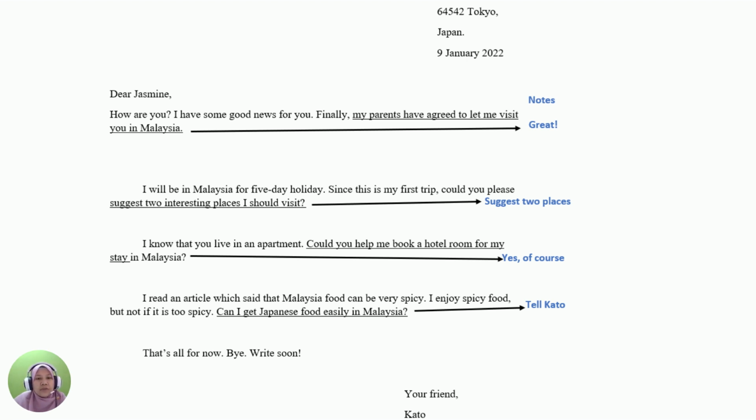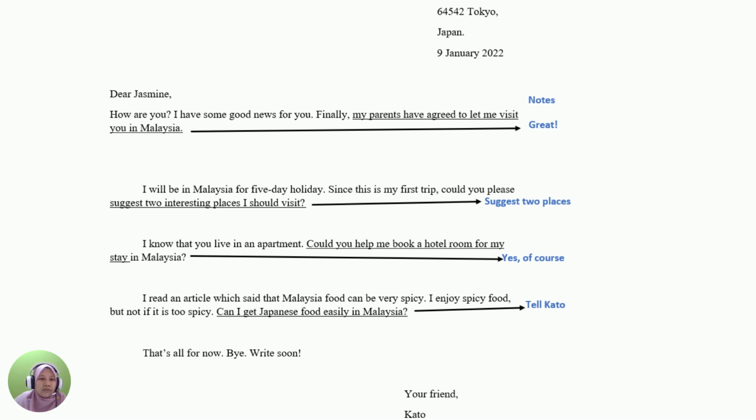For example, the word that I have underlined in the first paragraph: my parents have agreed to let me visit you in Malaysia. So we have to respond later on and refer to the keyword in the note.